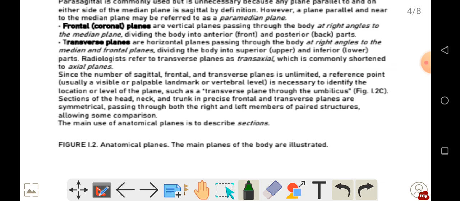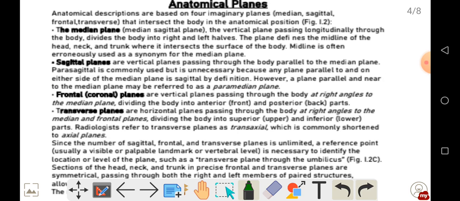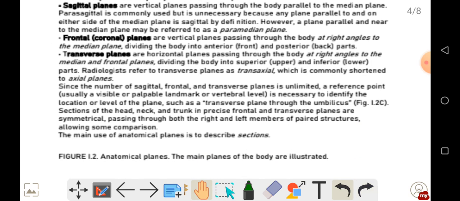Since the number of sagittal, frontal, and transverse planes is unlimited, a reference point, usually a visible or palpable landmark, or vertebral level is necessary to identify the location or level of a plane, such as a transverse plane through the umbilicus.